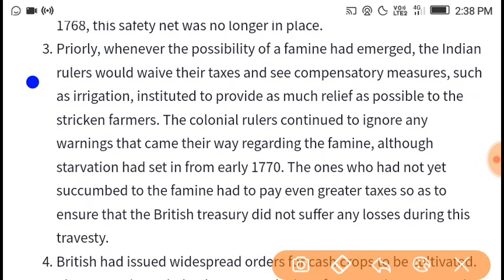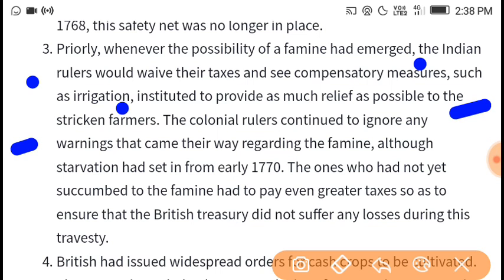Previously, wherever the possibility of a famine had emerged, the Indian rulers would waive their tax and institute compensatory measures such as irrigation to provide as much relief as possible to the stricken farmers.